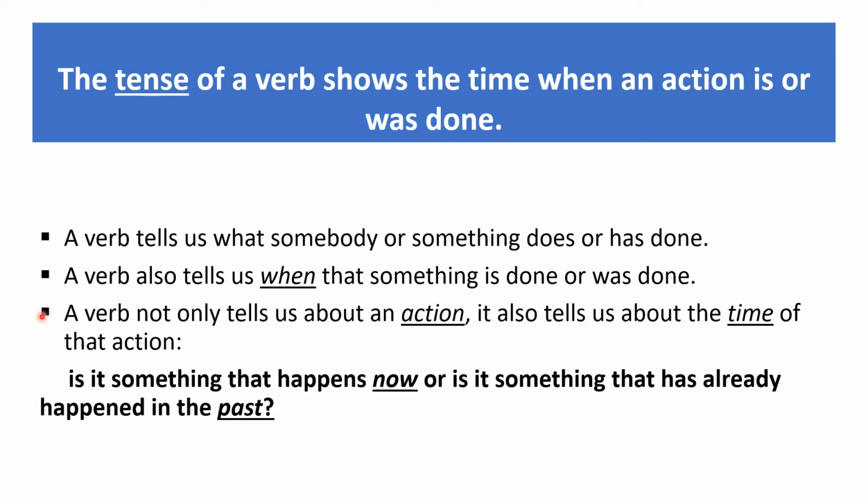A verb not only tells us about an action, but it tells us when that action has happened or is happening at that moment. So in a verb, you can see what action has been done at what time. So the time there is called by the name tense.